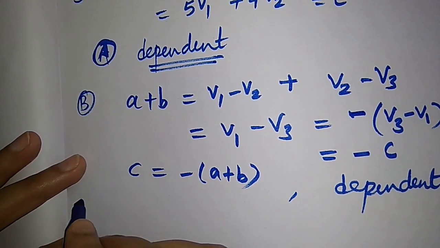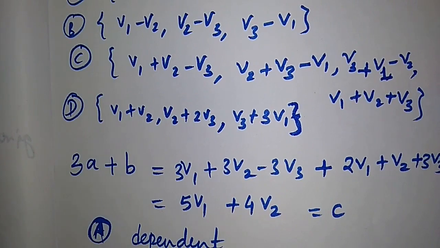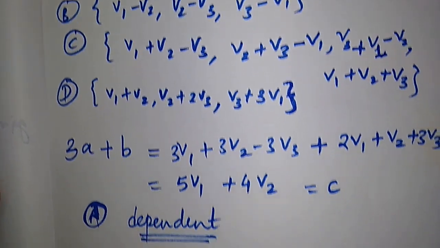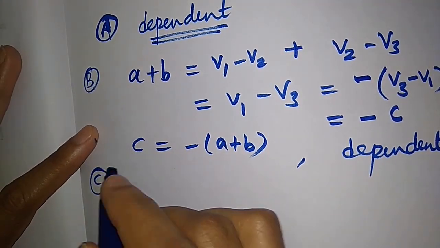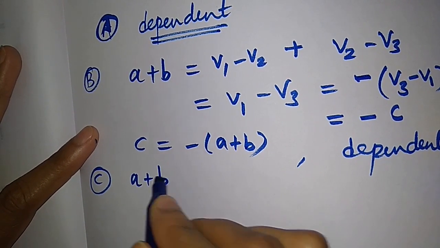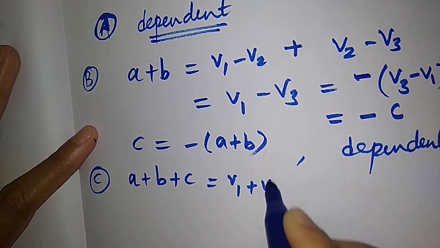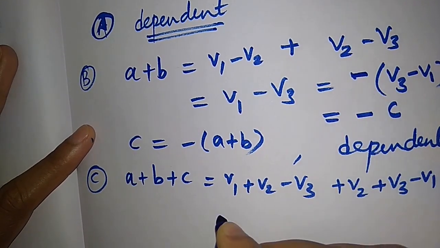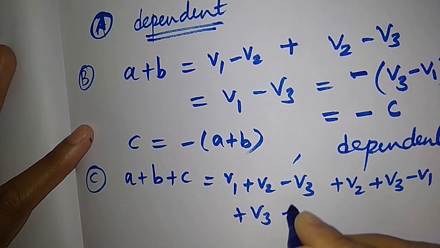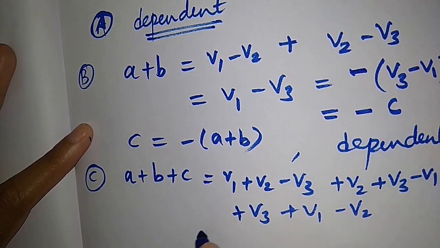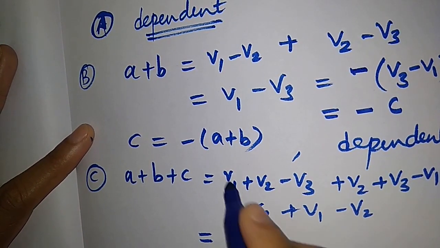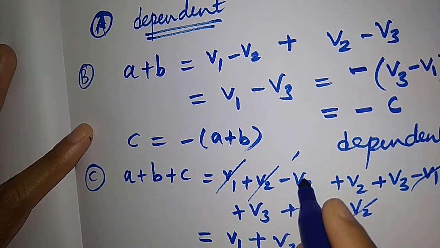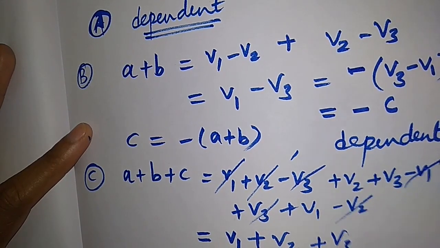So this is dependent. Now for C, there are four vectors, let us say A, B, C and D. I am just taking the addition of the first three vectors, that is A plus B plus C. So this is equal to V1 plus V2 minus V3 plus V2 plus V3 minus V1, then plus V3 plus V1 minus V2, and after cancelling this is V1 plus V2 plus V3.